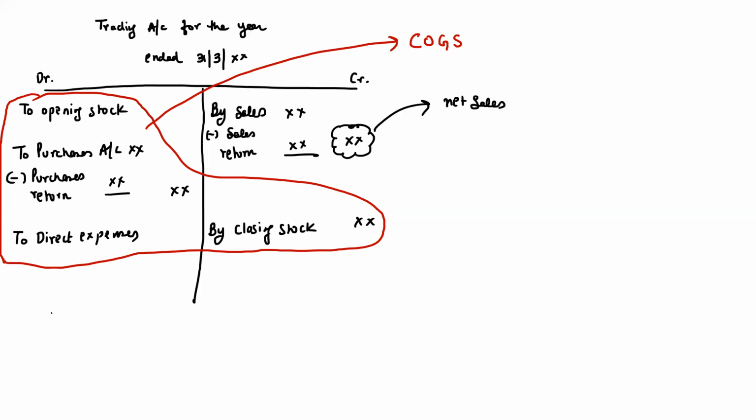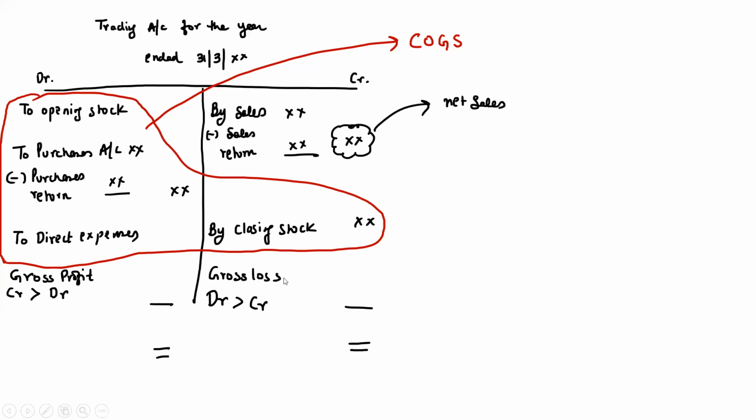Now, if your credit side is greater than debit side, you will get gross profit. And if your debit side is greater than credit side, gross loss.